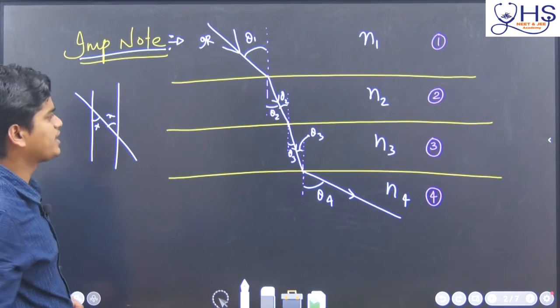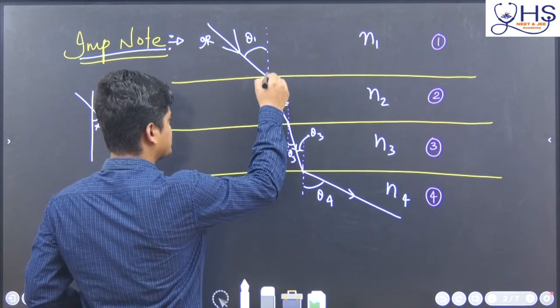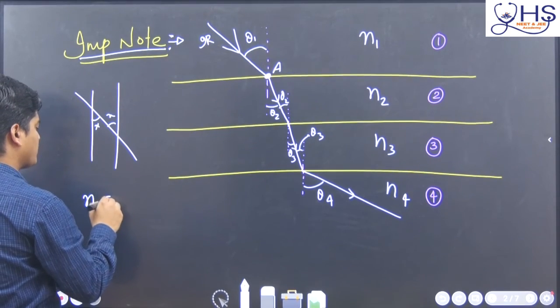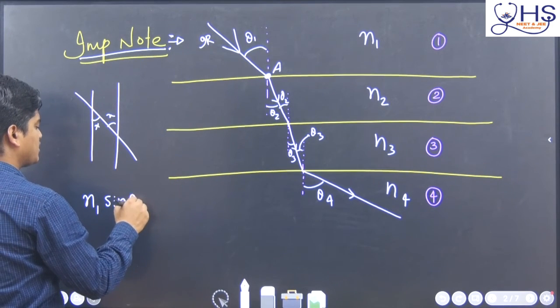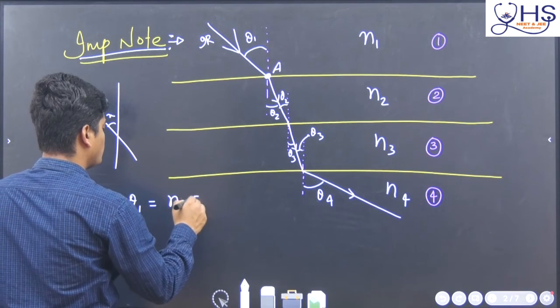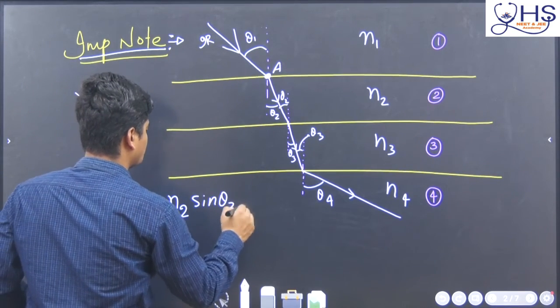Then here what you can write? Now if you apply Snell's law at this point A, then you can write n1 sin theta 1 is equal to n2 sin theta 2.